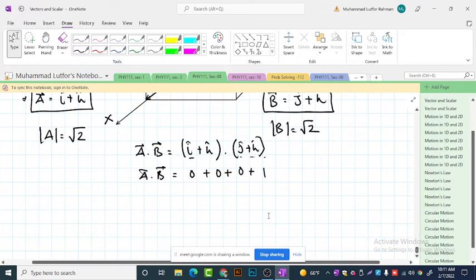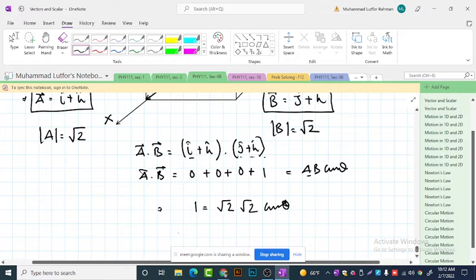Fine. Now plug in, because this is actually your a b cos theta. Then I can write a dot b as 1. The magnitude of a is root 2. This is also root 2, into cos theta, right? Root 2 into root 2 gives only 2. Then cos theta is basically a half, right?